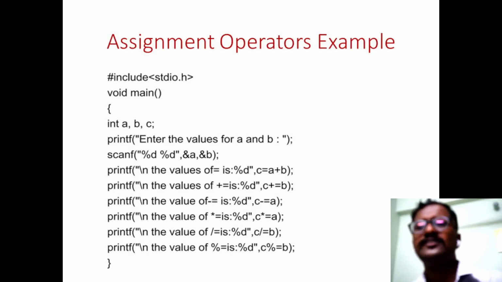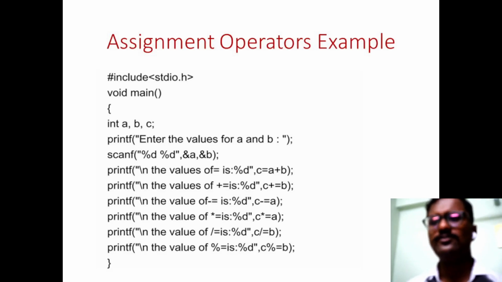For example, if the c value is 11 and the a value is 5, after this operation what will be the answer? Anyone can tell it. 6 will be the answer when we subtract. Okay, now the same applies for multiplication and division.